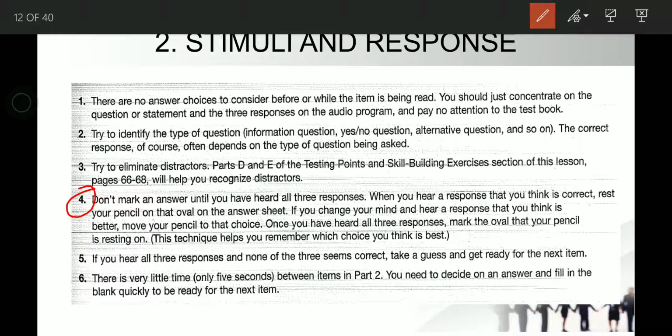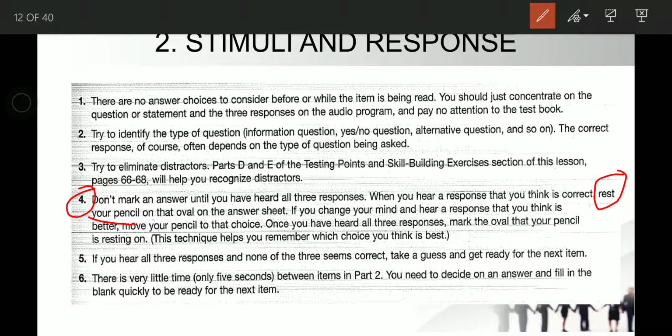Remember, in this section, there are only three options: A, B, and C. So you have to wait until the last option is read. For example, before the last option is read, I think the correct answer is option A. So you may rest your pencil.